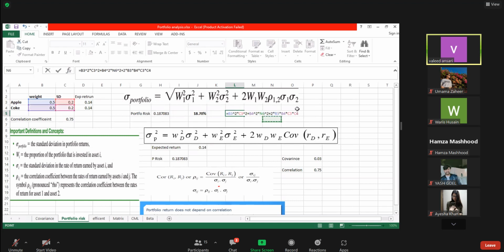there is some mistake here. I will have to check it. Okay, B3 is okay, B3 squared into C3, correct. B4 into, this is a mistake, I think. Correct.